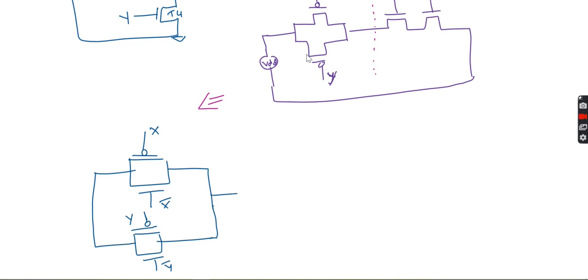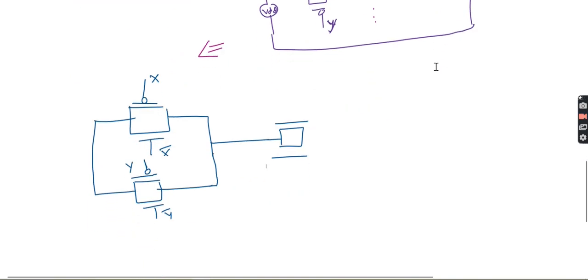Now the two NMOS transistors. Again I should use a transmission gate. Here you can see the NMOS is X and Y, so I will consider this NMOS X, then the PMOS supposed to be X bar.